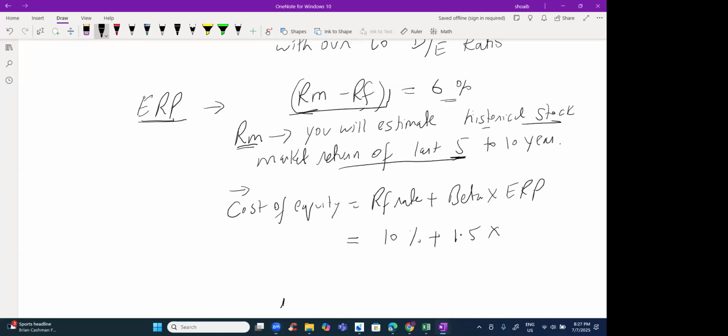And equity risk premium is believed to be 6%. This is subjective, but it is believed to be 6%. So when you solve this, that would be your cost of equity. This is one approach.